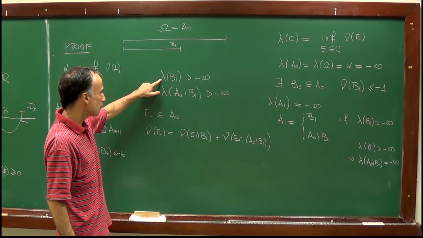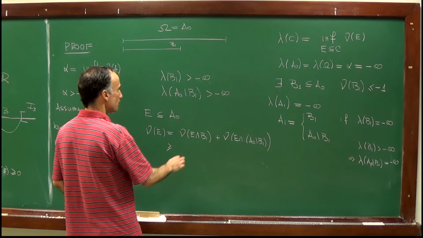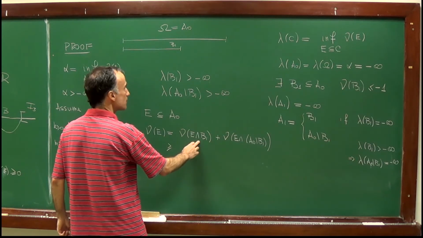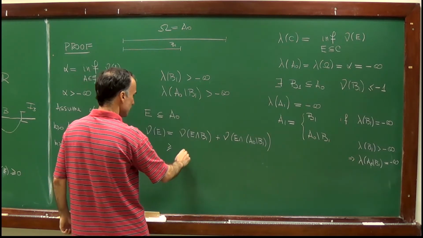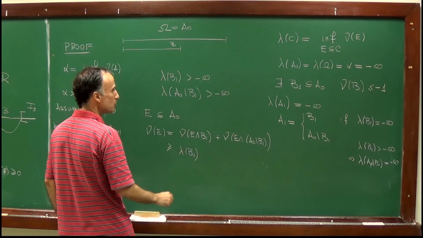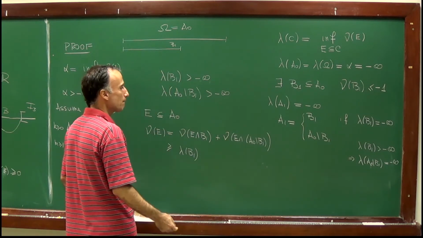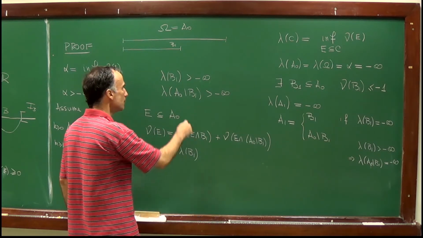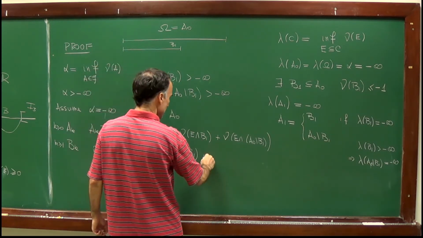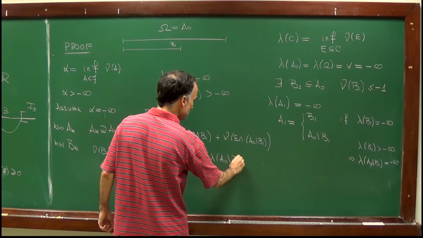By definition of lambda of B1, the measure of this set is bounded below by the infimum, which I represent by lambda of B1.